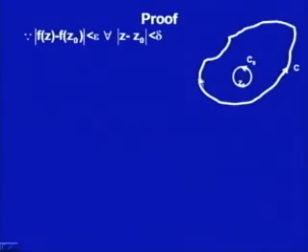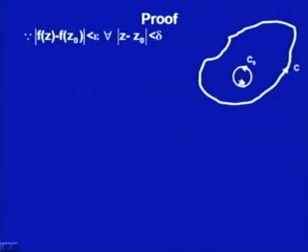If f(z) is analytic in this whole region, that says f(z) would be continuous. Because the function is analytic everywhere, it is analytic at z naught also. Analytic at z naught means it is continuous at z naught.